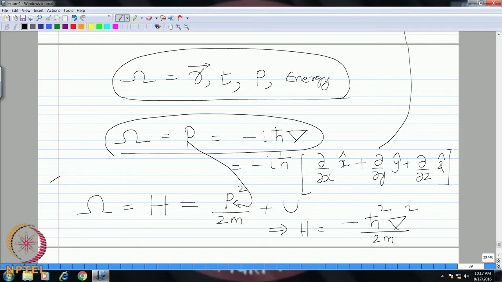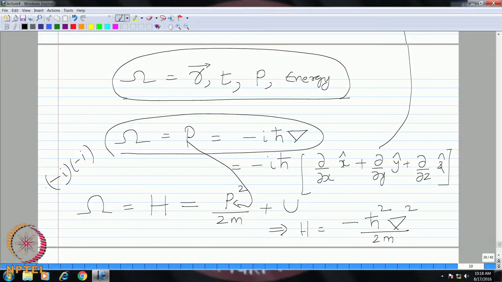So, minus i into minus i. So, i square is minus 1 and then you have another minus. So, i square is minus 1, minus of minus is plus, again you have another minus. You have to be careful. It is not minus i into i, it is minus i into minus i. Okay. So, you have therefore, minus h bar square del square by 2m, okay, plus you have u.